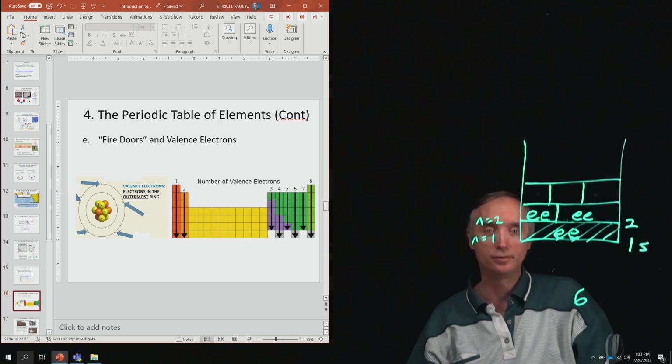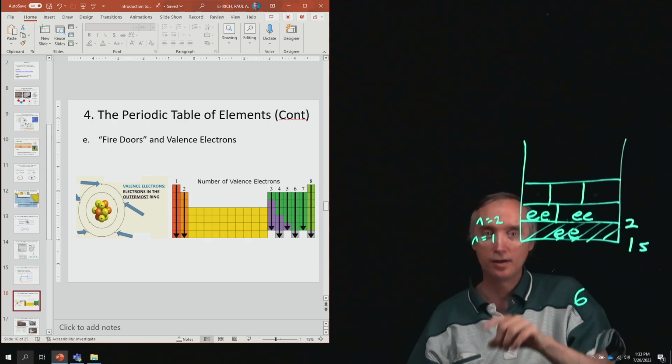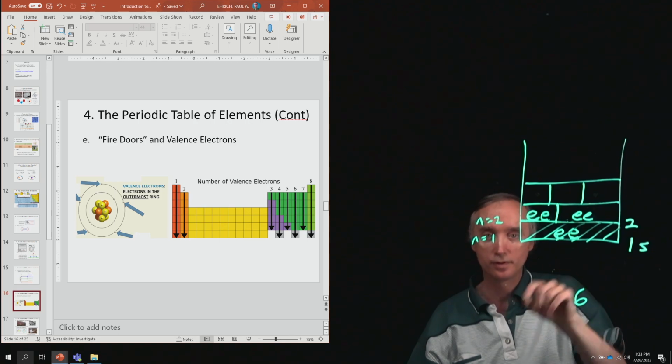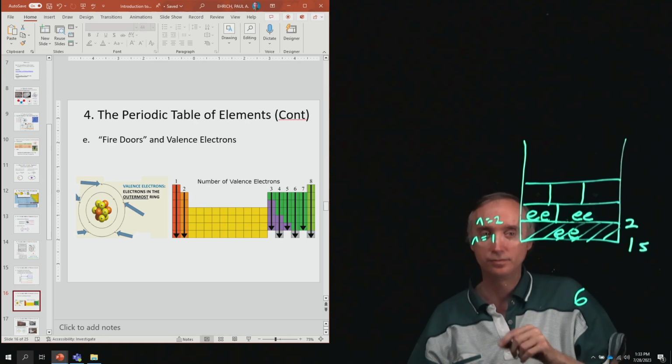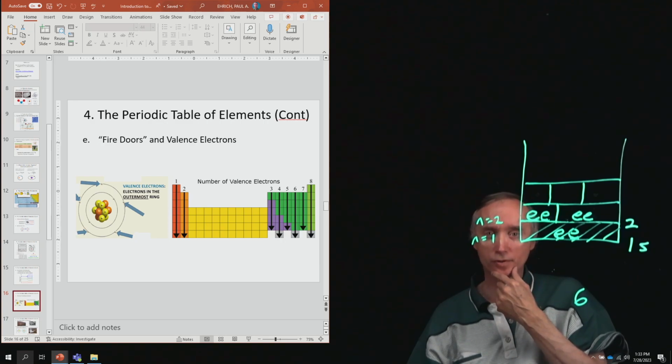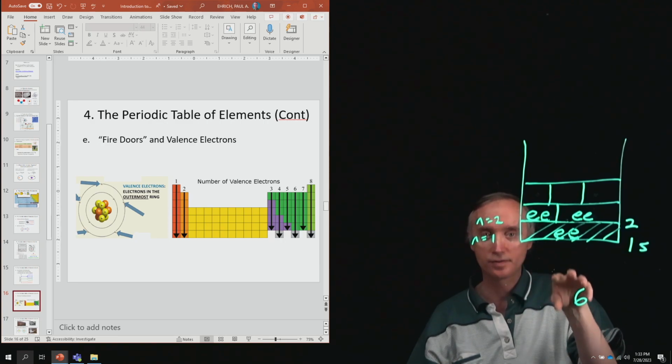Do that for me right now. And what do you get? You should get the number 10, and then count the purple and the green columns. And how many have you got? You got 6. Have we seen those numbers before? 2 and 6 and 10.